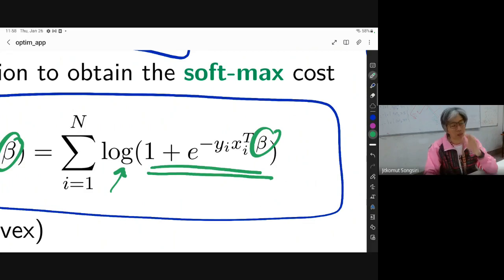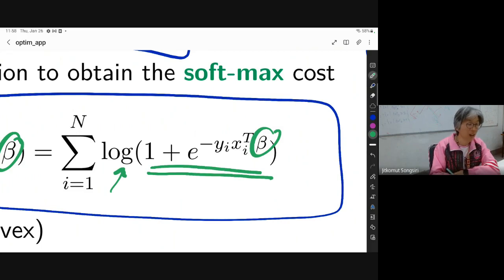Do not fall into the trap that I need to check convexity all the time. A lot of problems in applications are non-convex, but so many others are convex too. I give this to illustrate that this is a real problem in machine learning and happens to be convex. To show that it is convex, you can directly check the Hessian.